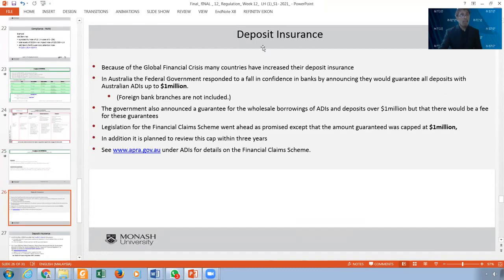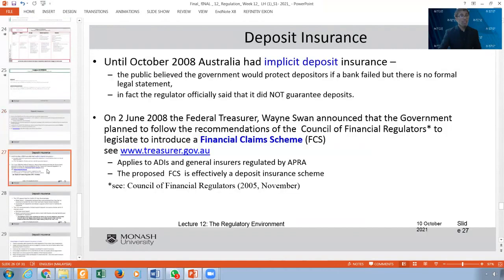I will go to deposit insurance, and I don't want to go into deposit insurance too much. It's just that deposit insurance has been there for a long time. I think we have a pre-class activity for this, pre-class activity number 3. Deposit insurance has advantages and disadvantages. And there is also a body, the FCS, Financial Claims Scheme, which operates under this.